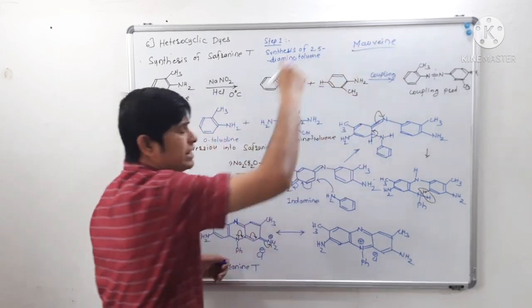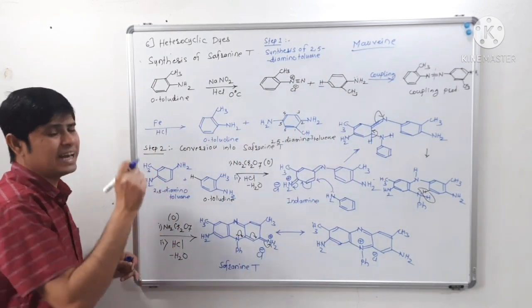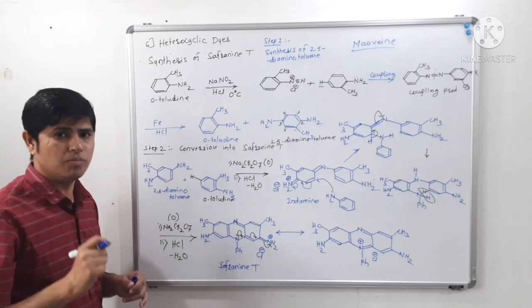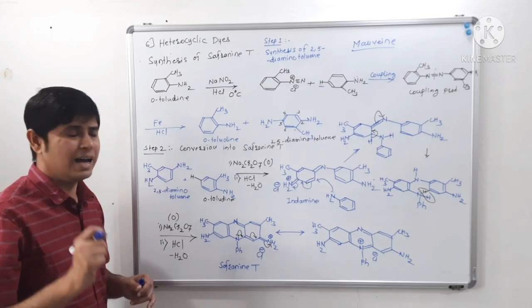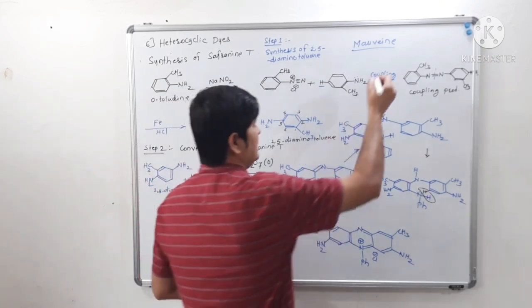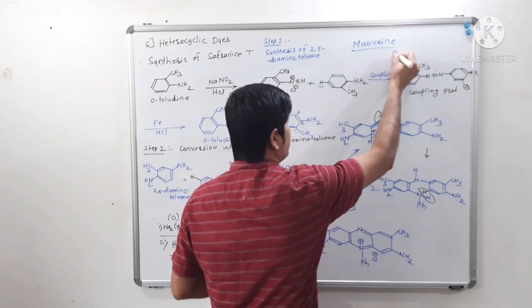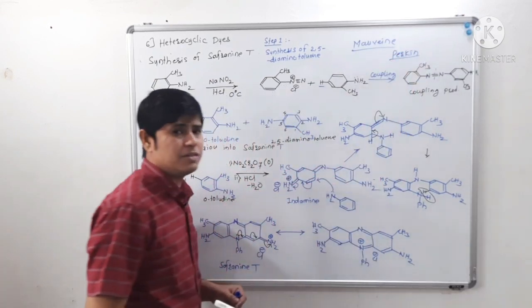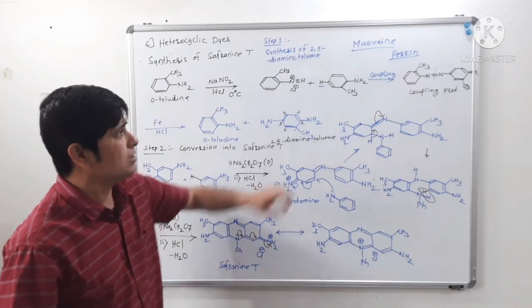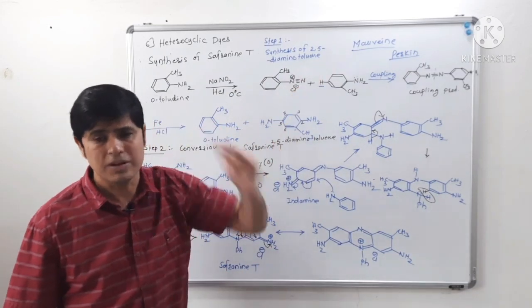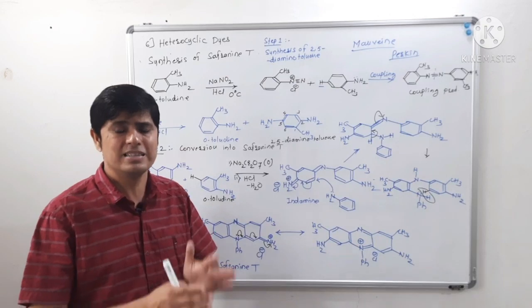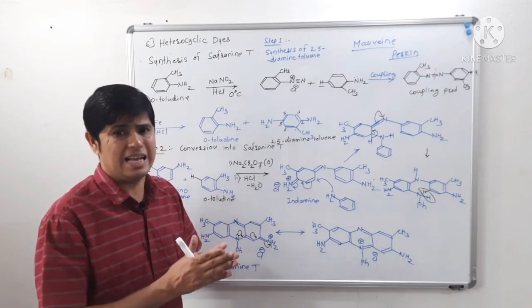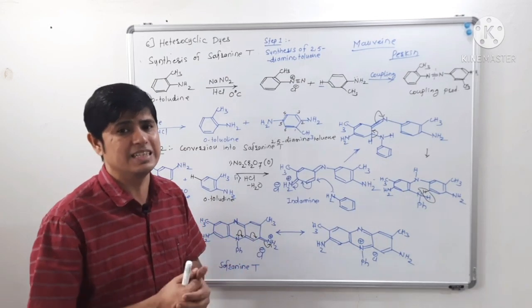This Methylene dye also belongs to the azine class, and it was synthesized by Perkin. That was the first synthetic dye. This Methylene dye was the first synthetic dye. It belongs to the same class as safranine T, that is, azine dye.